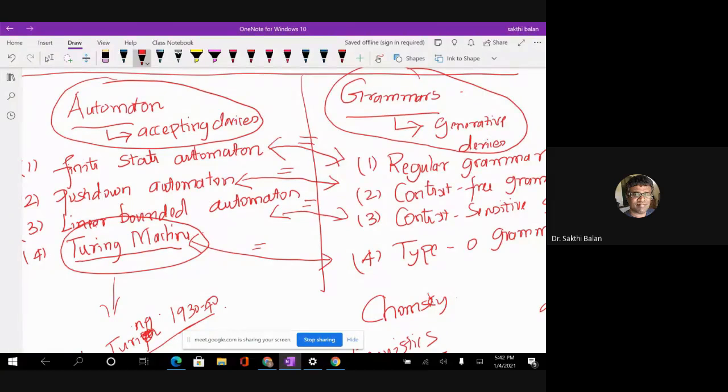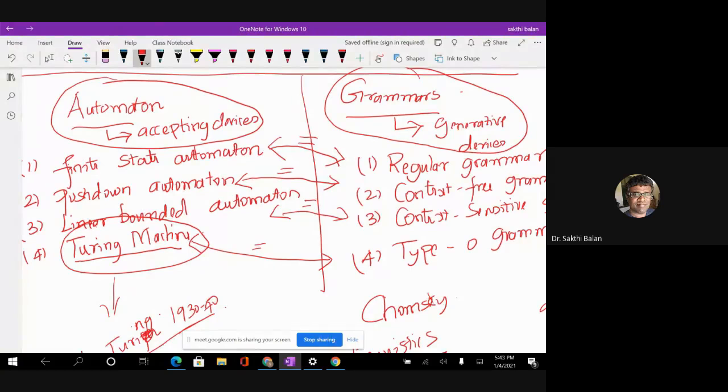What can be computed in a computer can be computed in a Turing machine also, and what can be computed in a Turing machine can be computed in a computer also, and that is the Turing hypothesis. Nobody has been able to disprove it as of now. Okay, so whatever can be computed in a computer can be computed using a Turing machine, and what can be computed in a Turing machine can be computed in a computer.